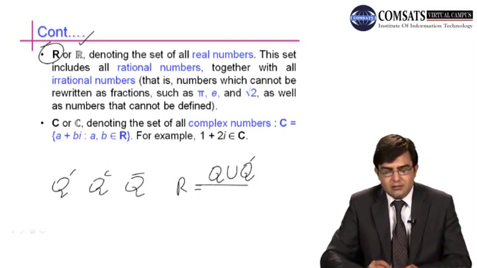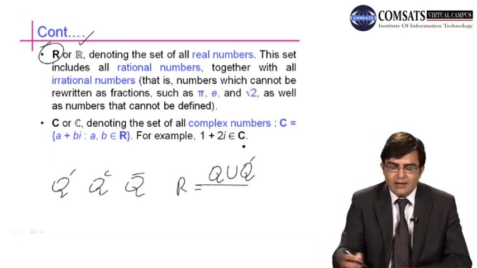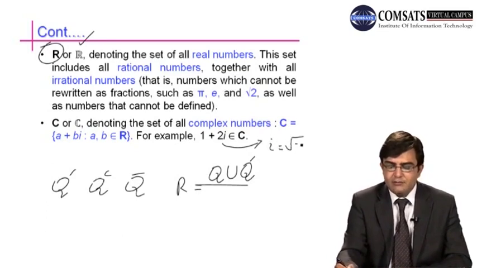Another very famous set is the set of complex numbers, which contains the complex numbers a plus ib, where this i in complex numbers is called iota, and this iota is equal to the square root of -1.